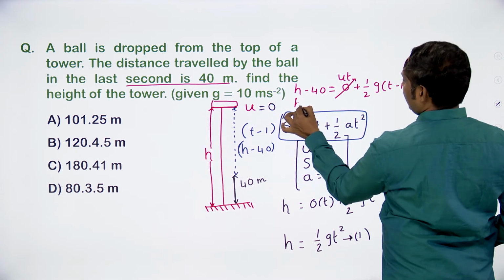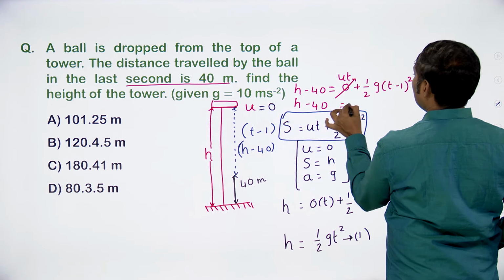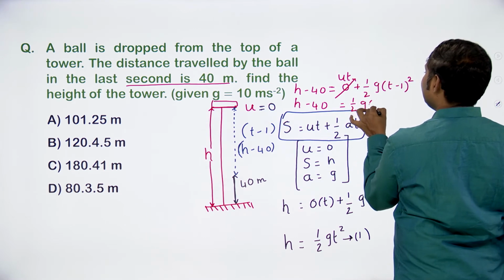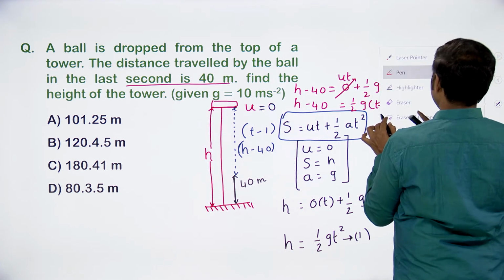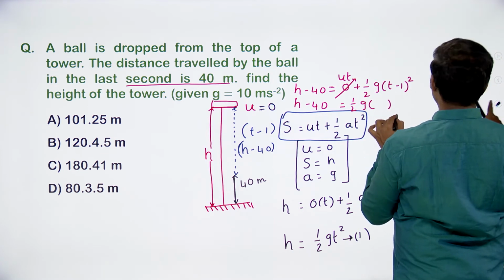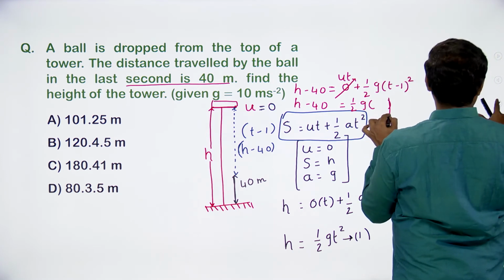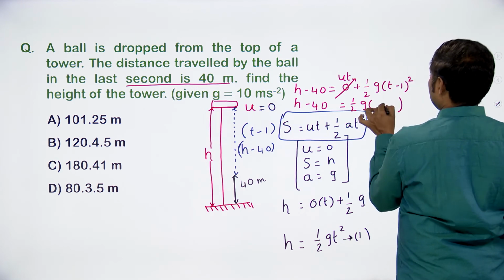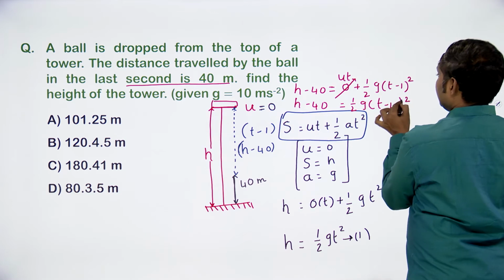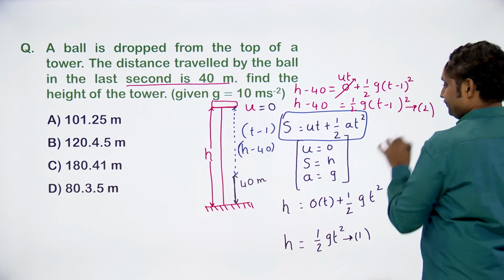So, h minus 40 is equal to 1 by 2 g t minus 1 whole square. It is very clear. So, this is equation number 2.